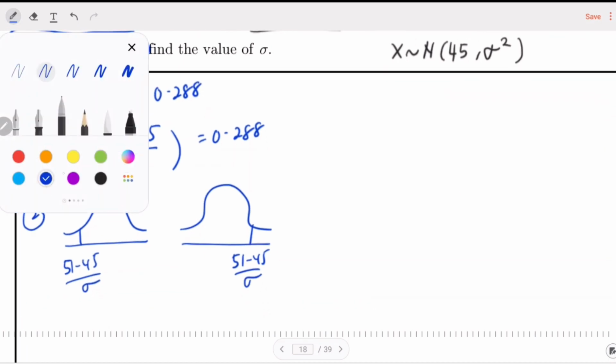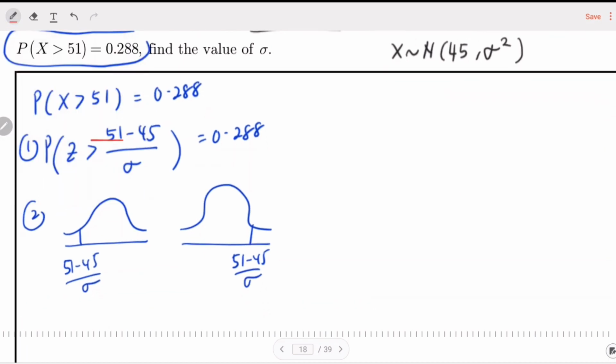So the shaded region, since we would like to find the probability Z greater than, the shaded region is going to the right. Our probability is less than 0.5. It means it's a very small probability. So the suitable one is the right one. This one is not logical.